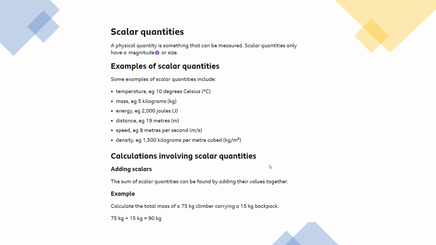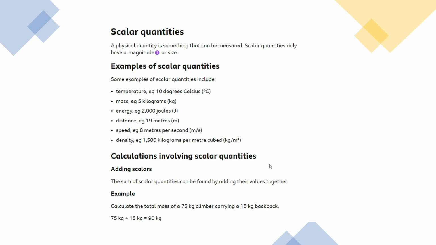Now coming to the next, the addition of scalar quantities. Scalar quantities can simply be added by adding those numbers. So let's say Jack has a mass of 25 kilograms, and Jones has a mass of 15 kilograms. What is their total mass? You are just going to add them up.